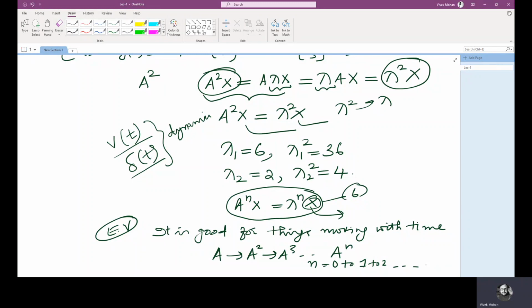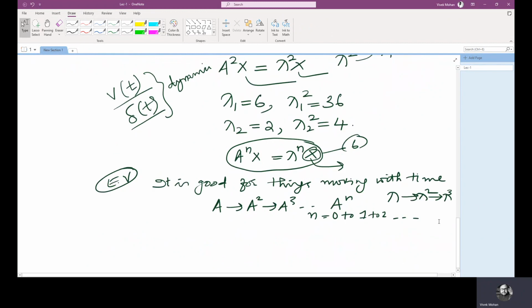In that case, lambda is multiplied with itself. When n moves from 1 to 2, lambda moves from lambda to lambda squared. When n is moving from 2 to 3, lambda squared is moving to lambda cube. So for dynamic performance analysis, this is easy. This property is making things easy.